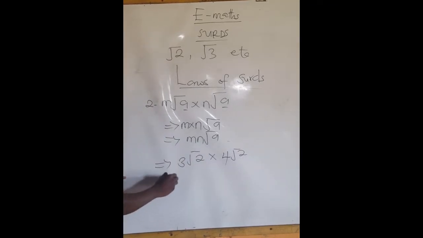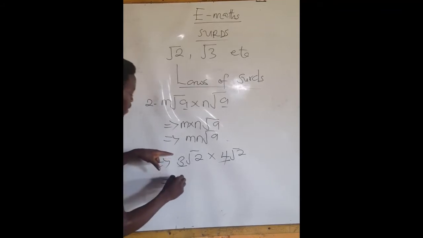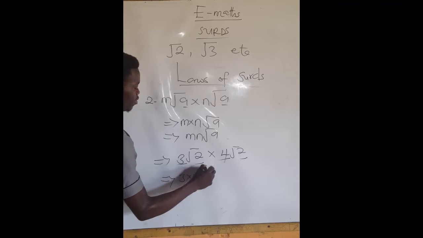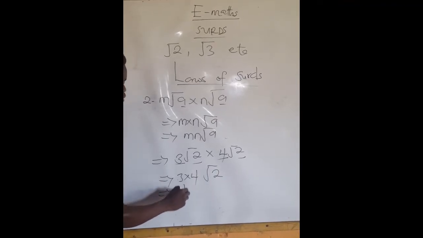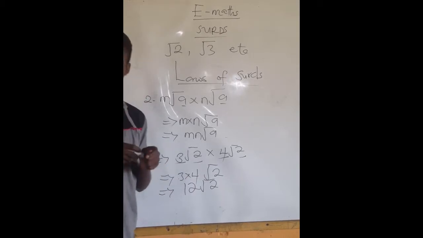You pick the numbers outside the square root, here 3 and 4. Then you pick one of the square roots, root 2. So 3 multiplying 4 will give us 12 root 2.